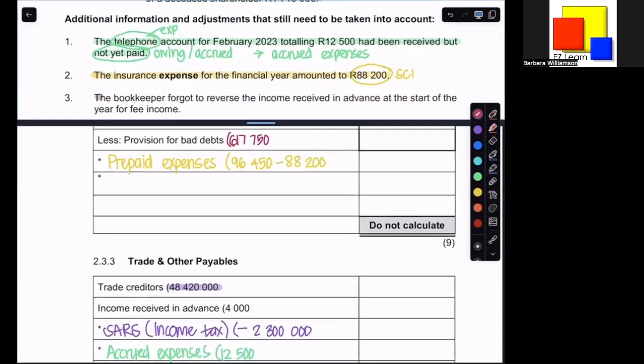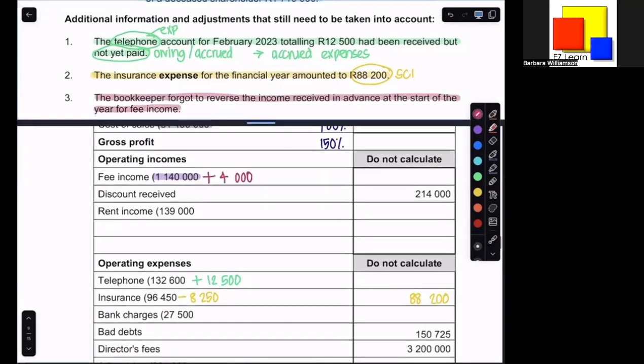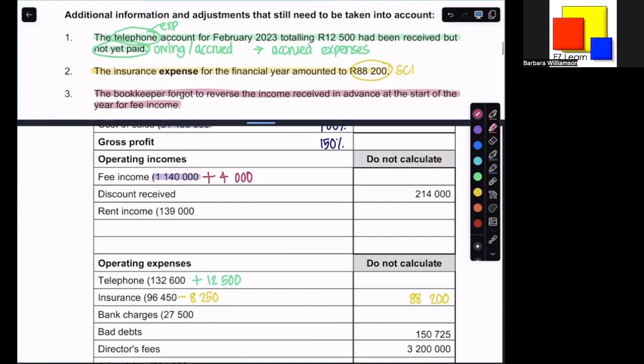We actually picked that up already. So I'm going to highlight this in pink along with all of our beginning balances. And that explains why I needed to pop my 4,000 in there. That's just confirming for me that, yes, I did need to add that 4,000.